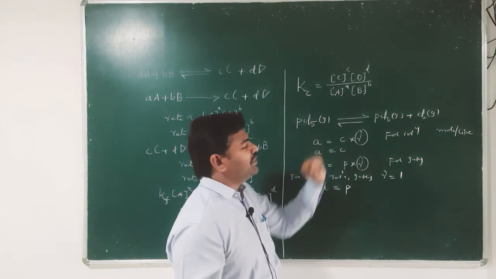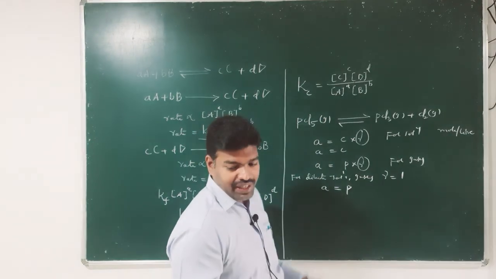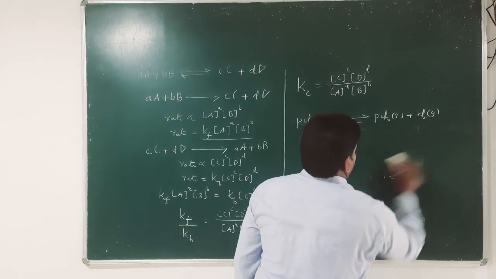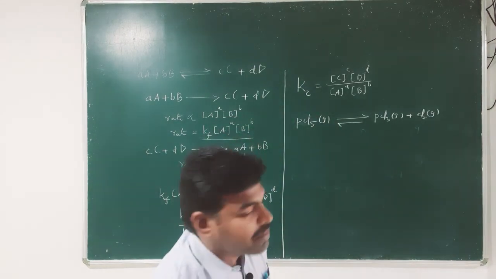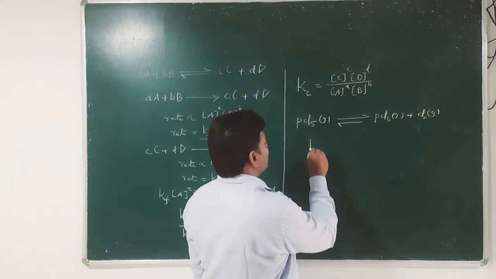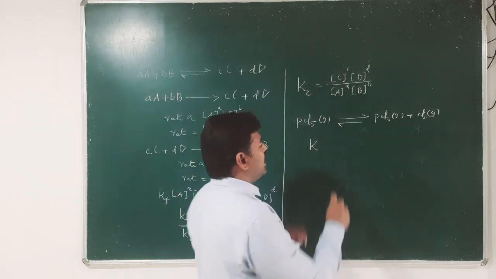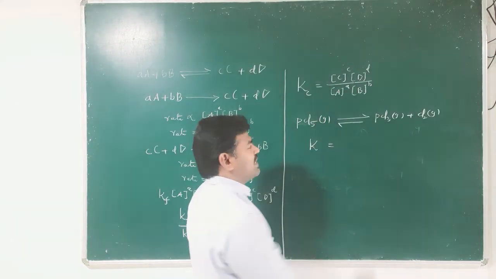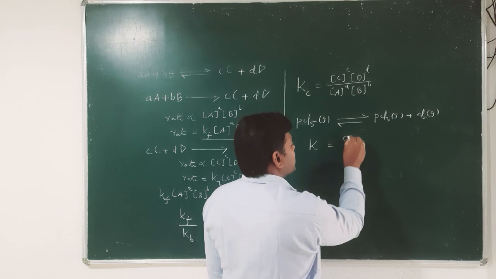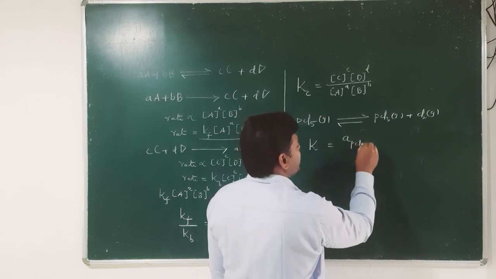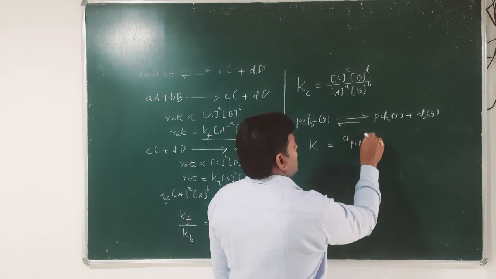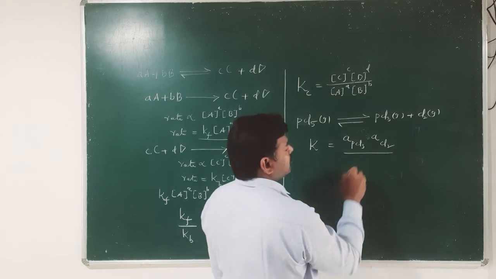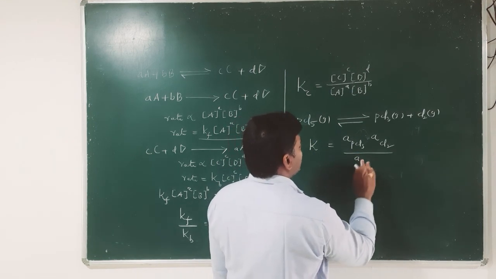Now, let us apply this activity for this reversible reaction. Let us express the concentrations. Already I told you, we can write the equilibrium constant as concentration of products by concentration of reactants. We are expressing the concentration in activities: activity of PCl3, activity of Cl2, by activity of PCl5.